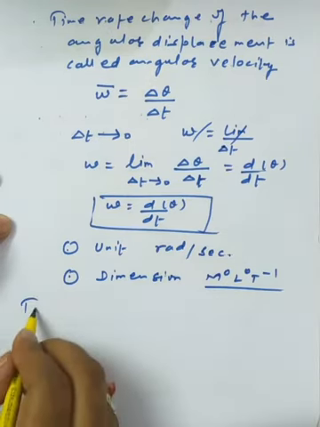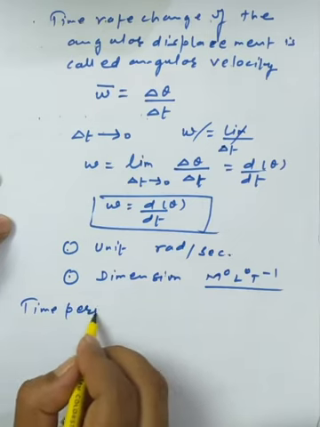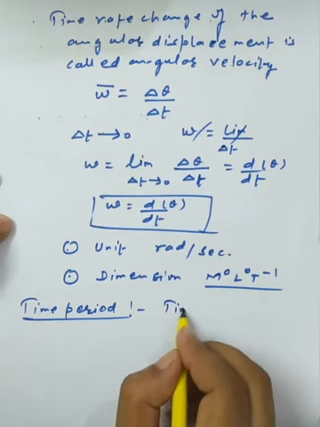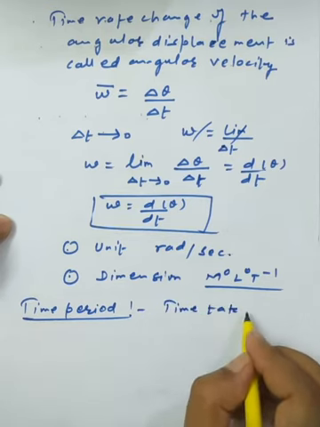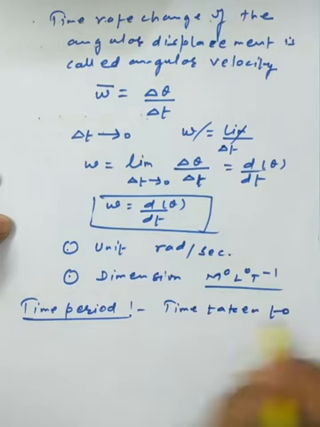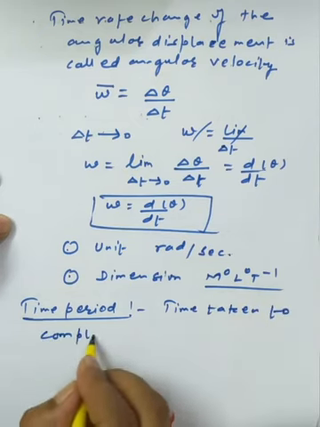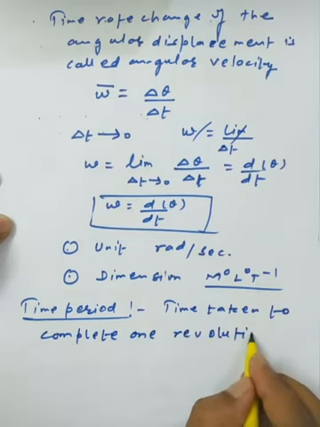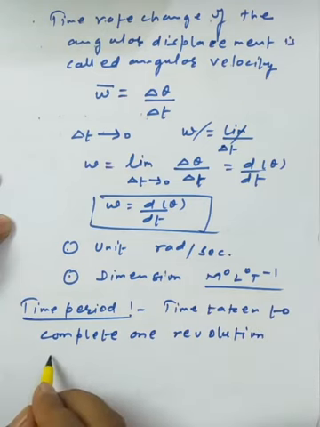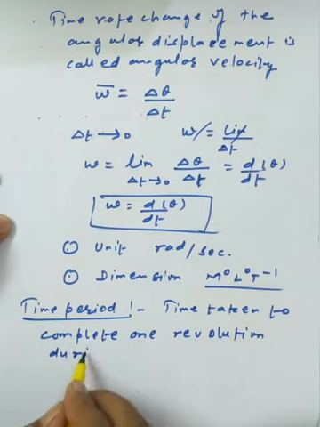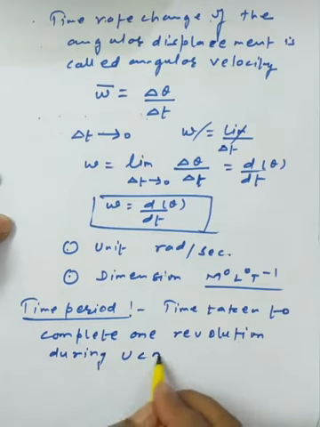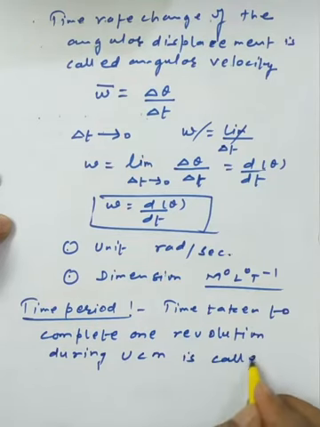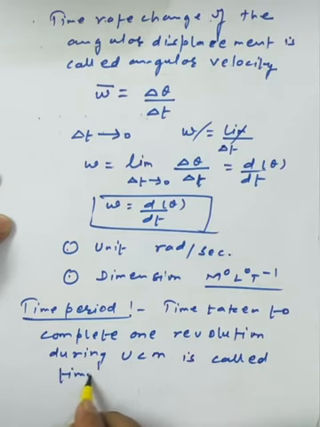Now we have the time period. So what actually is the meaning of the time period? Time taken to complete one revolution during UCM, that is uniform circular motion, is called time period.